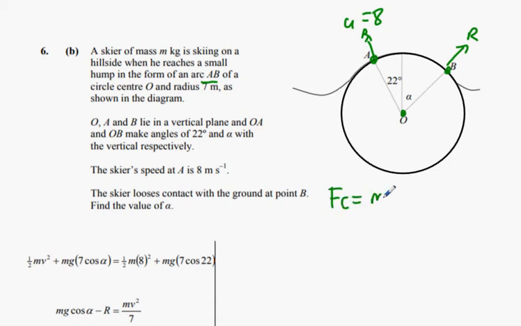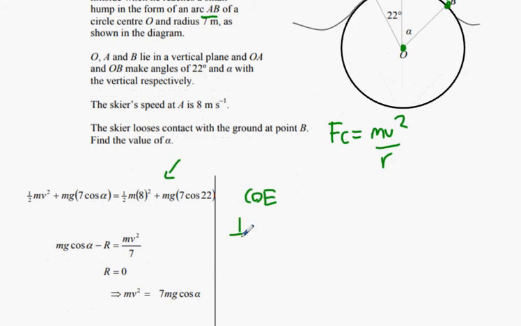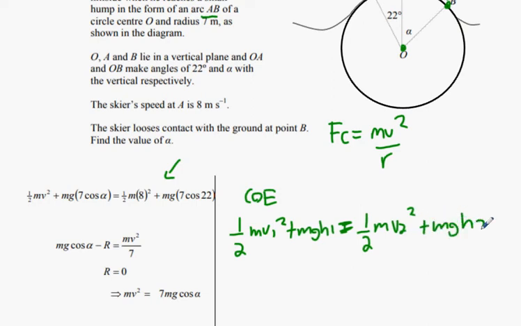Conservation of energy and central acceleration. You can see from your marking scheme that the first one up is the conservation of energy. So we're just going to write down a half mv1 squared plus mgh1 equals a half mv2 squared plus mgh2.